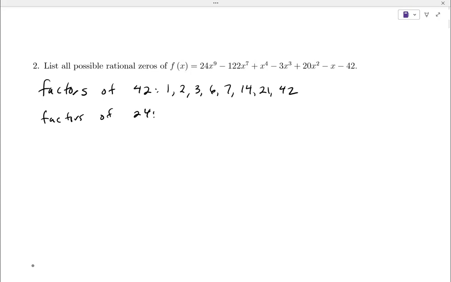All right. What about 24? Good. And again, sometimes it's easier to meet in the middle. 1 goes with 24, 2 goes with 12, 3 goes with 8, 4 goes with 6, 5 doesn't work, so you're done.